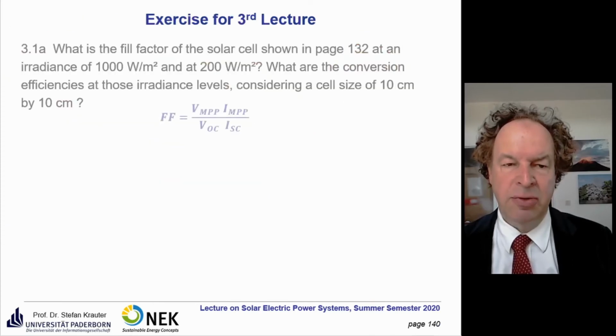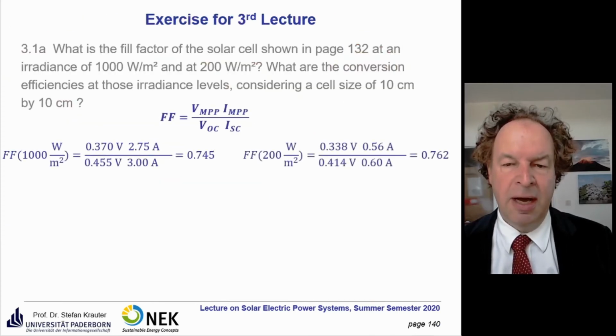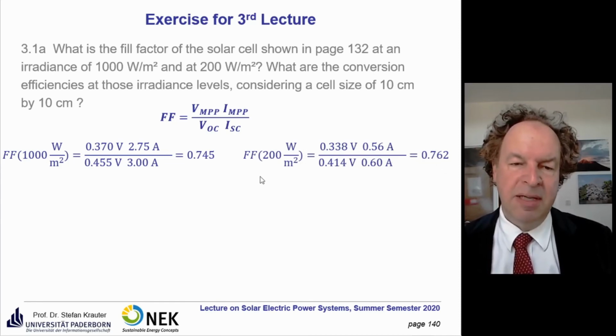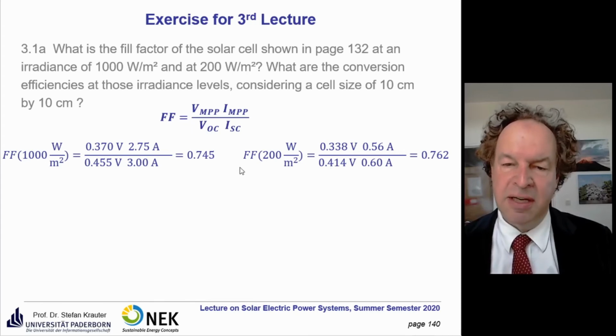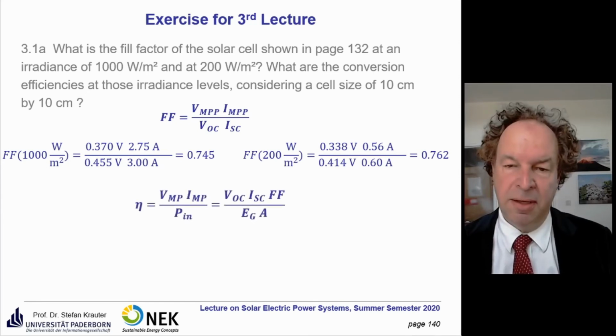We put it into the formula, and then we have a fill factor of 0.762. That means, astonishingly, it's increasing at lower irradiance level. Not very much, but we can see it here.